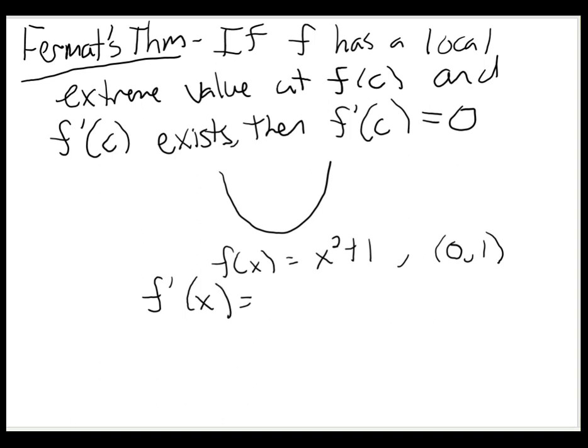So we could say, well, what's the derivative? Well, this is 2x. And then you plug in 0 and you get 0. So it does work out that if this derivative does exist, what Fermat's theorem says does seem to work.